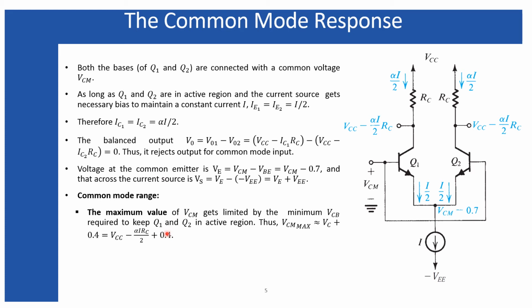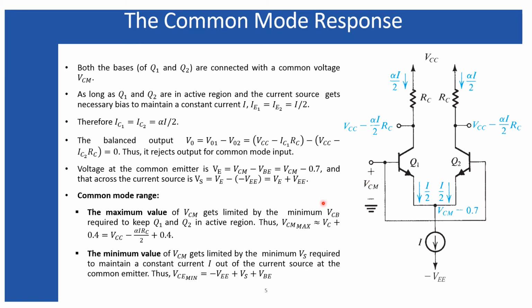In general, 0.4 volt is sufficient to ensure this junction is forward biased when the input voltage is VCC minus alpha I RC divided by 2, that is, the input voltage equals the output voltage plus 0.4 volt. So this is the maximum range of the common mode voltage that you can apply.